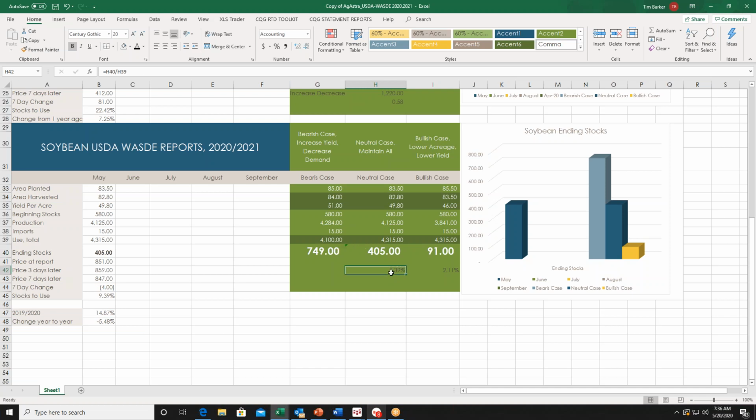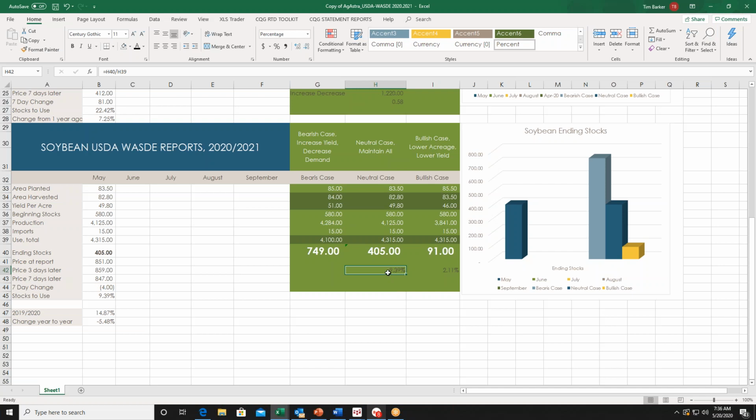That equates to a 9.39% stocks to usage. That's 405 divided by usage, right? So now how does that look in context of prior years?